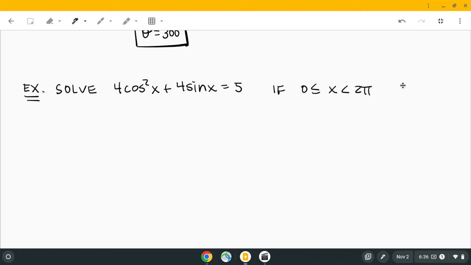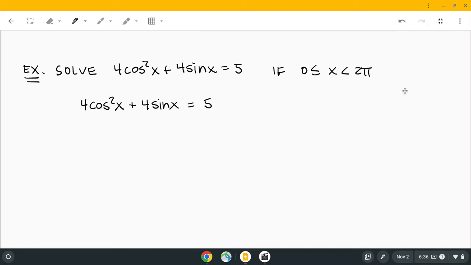If you want to try this one on your own, go ahead, give it a try, and come back. If you get stuck on the very first step, come back and play it just for a little bit, just to see how to start the problem, and then hit pause, and then try the rest of it on your own. Okay? Okay, so here we have 2 different trig functions. We have a cosine and we have a sine.